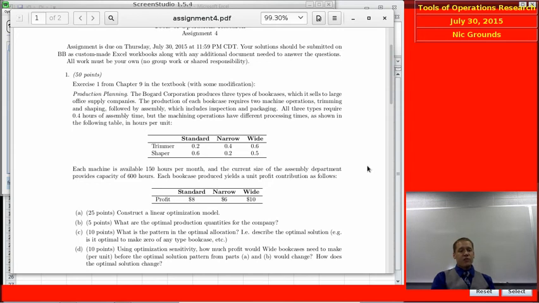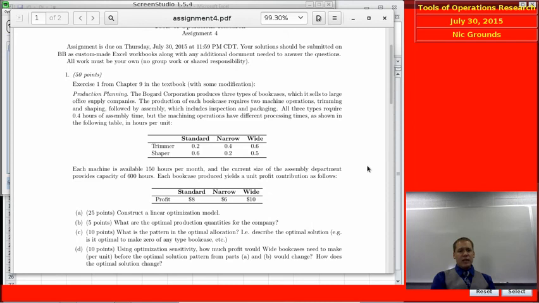And then naturally we're going to have capacities on how many hours we can spend in those 3 different phases, or 3 different departments. And then each bookcase sells for a particular profit.